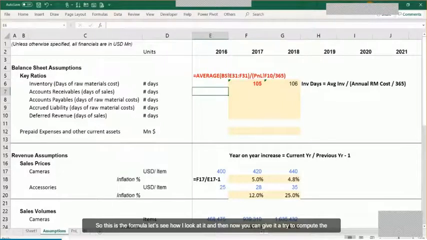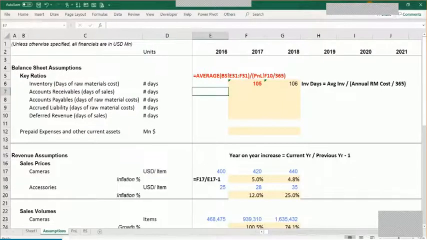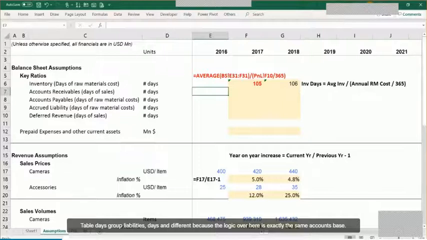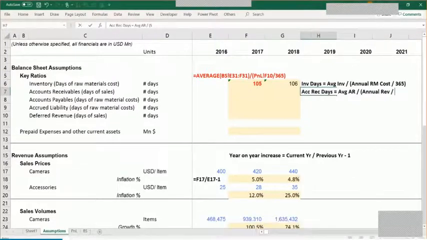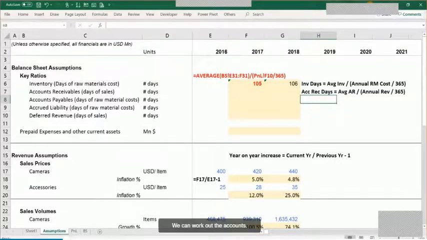Have a look at it, and now you can give it a try to compute the accounts receivable days, accounts payable days, accrued liabilities days, and deferred revenue days, because the logic over here is exactly the same. Accounts receivable days will be equal to average AR, or average accounts receivable, divided by annual sales divided by 365.